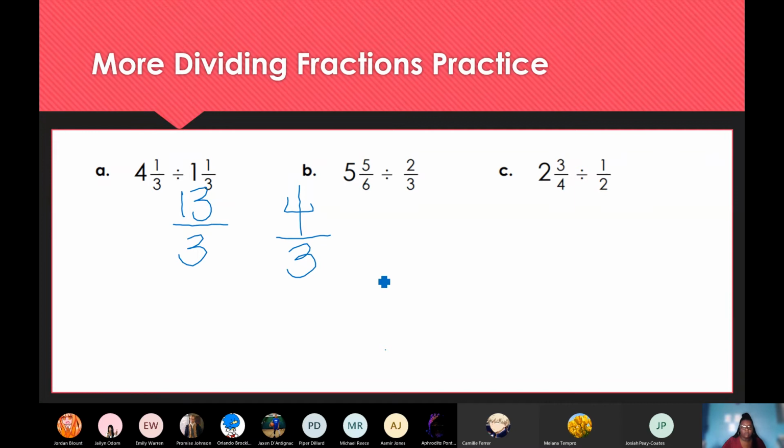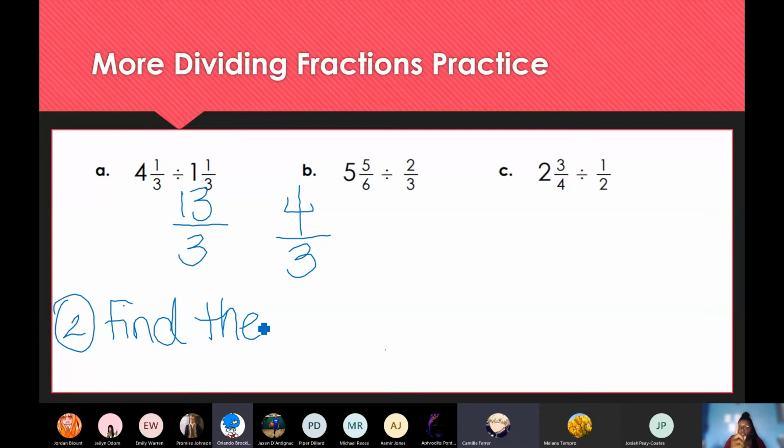Step 2. What do you think I would do next? Multiply. Not yet. We've got to flip something. Flip the 3 over 4. Yes, step 2 is to find the reciprocal. Guys, are we flipping both fractions or just one? Just one. And it's always going to be that second fraction that we're flipping.